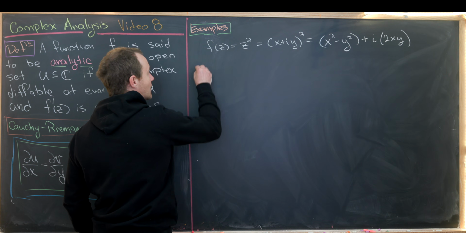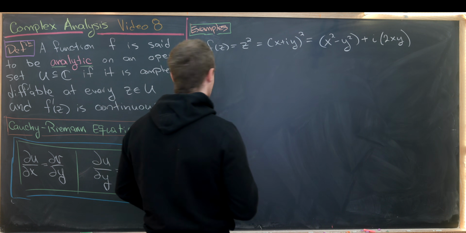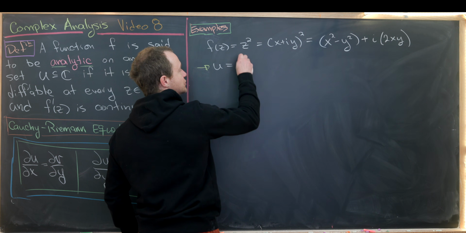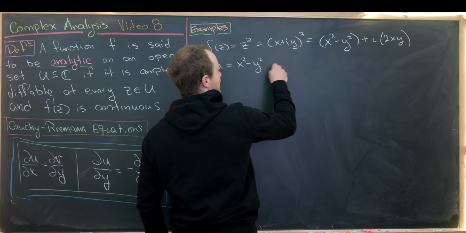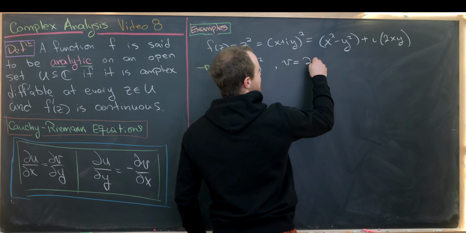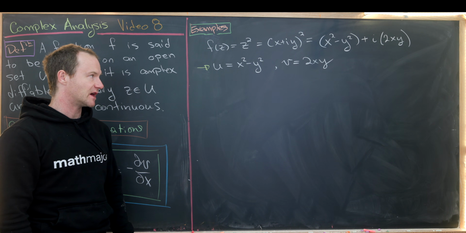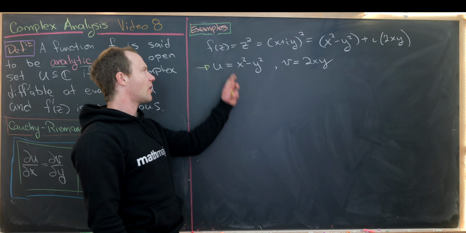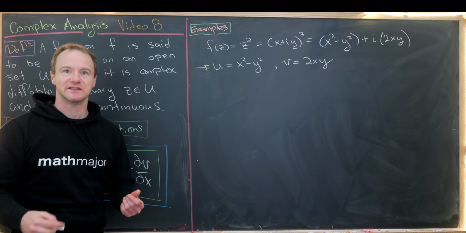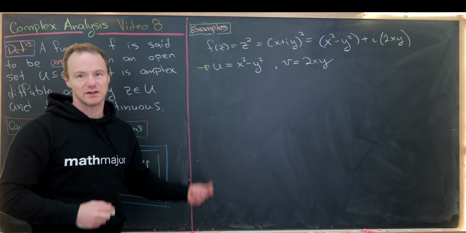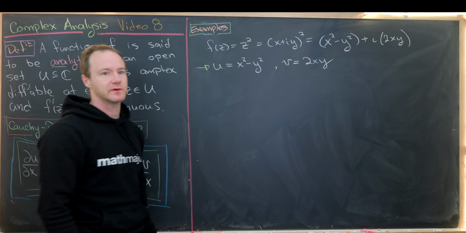So in the language of the Cauchy-Riemann equations, we have our function u is equal to x squared minus y squared, and our function v is equal to 2xy. Now let's just check that the Cauchy-Riemann equations are satisfied. Although we did check this was analytic using the definition of the derivative in the previous video, I think it's nice to recheck using the Cauchy-Riemann equations.